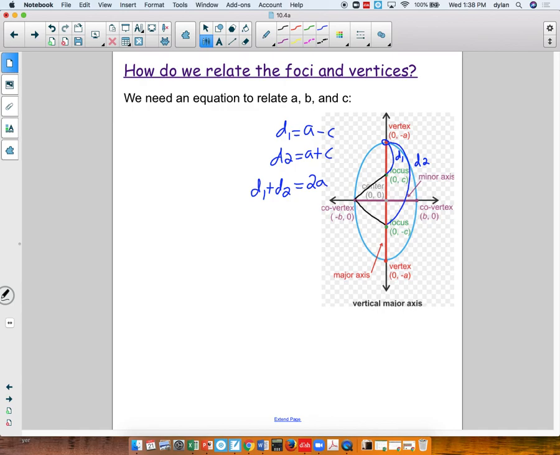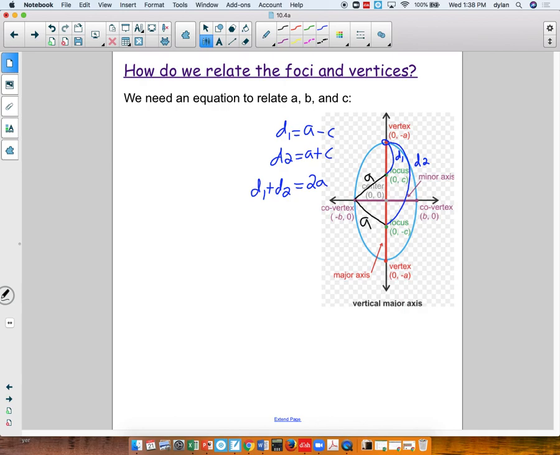And that tells us that those two black lines have to be isosceles. These distances both have to be a. We know it's an isosceles triangle because the two foci are at c and negative c, so those distances have to be the same.